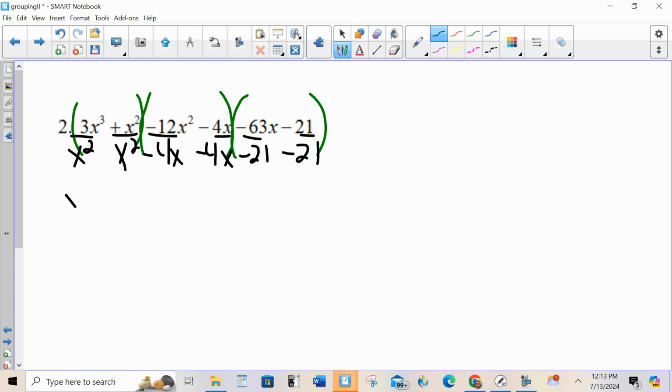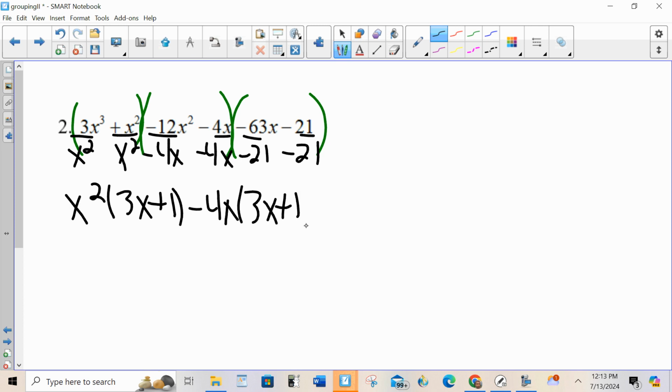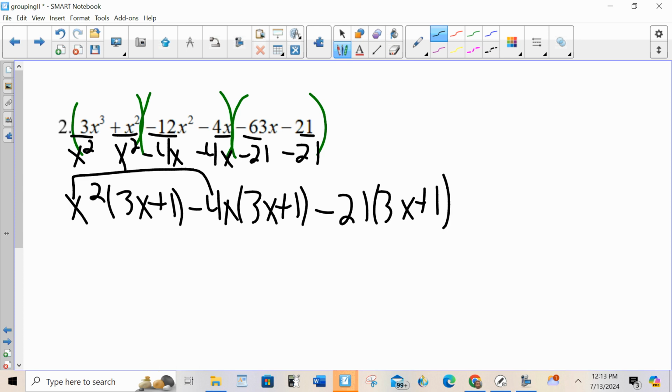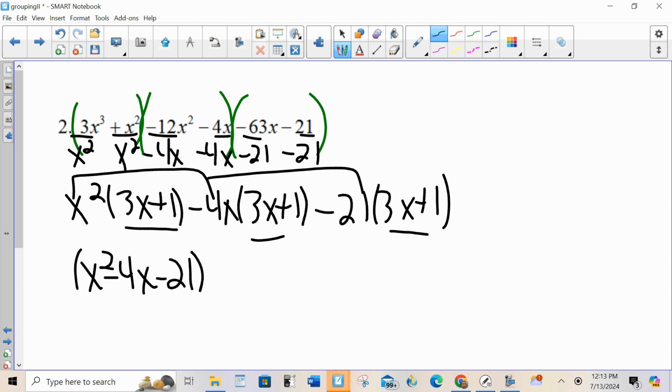So I've got x squared times 3x plus 1, minus 4x times 3x plus 1, minus 21 times 3x plus 1. I combine all my coefficients since these all match. So it's x squared minus 4x minus 21 times 3x plus 1.